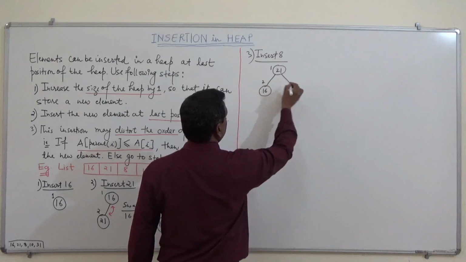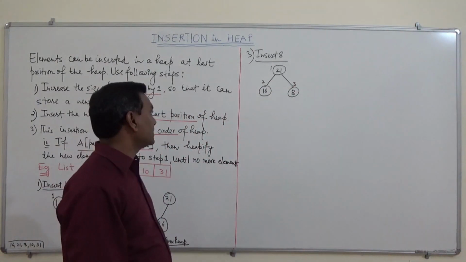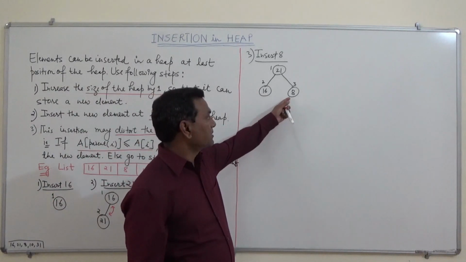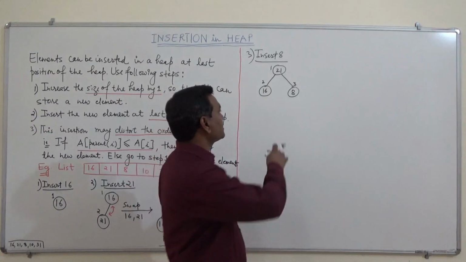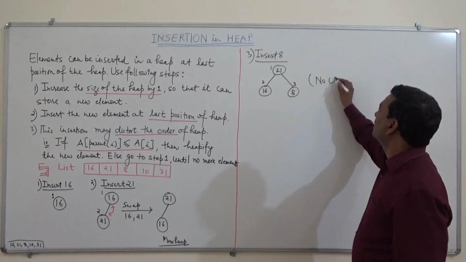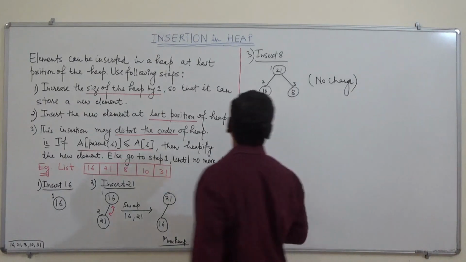Now we'll check the newly inserted element is 8 and this 8 is less than 21, so we don't need to change anything because it is still a Maxheap.